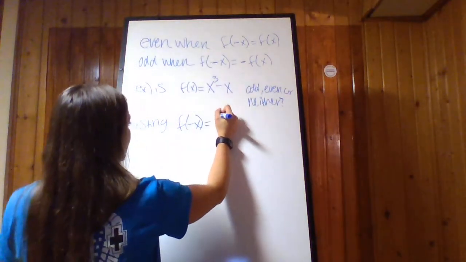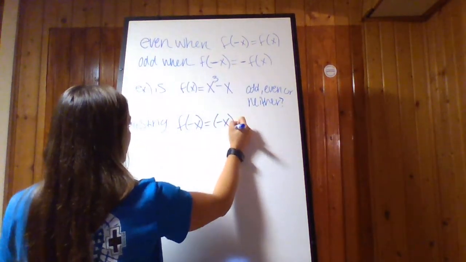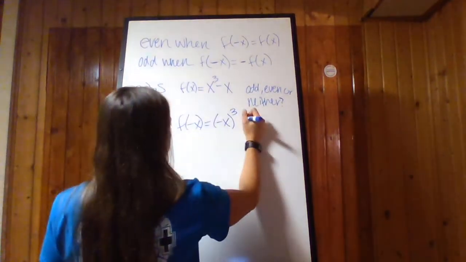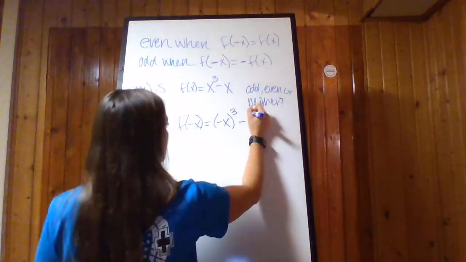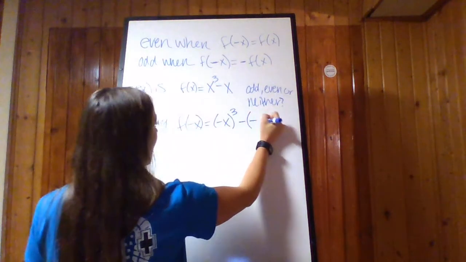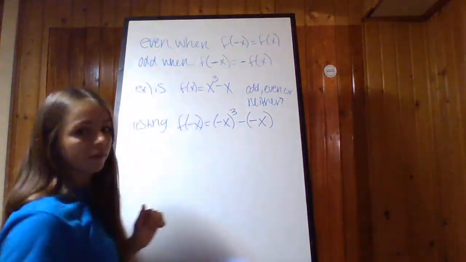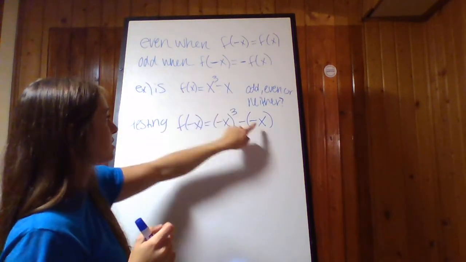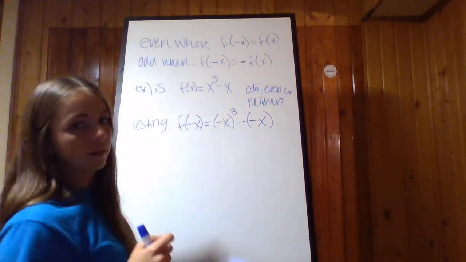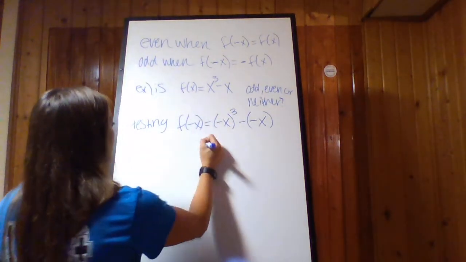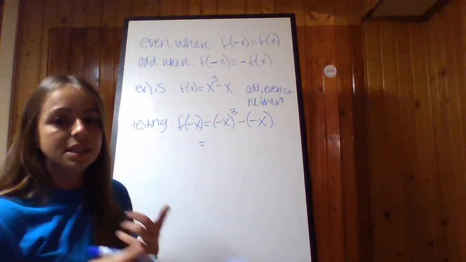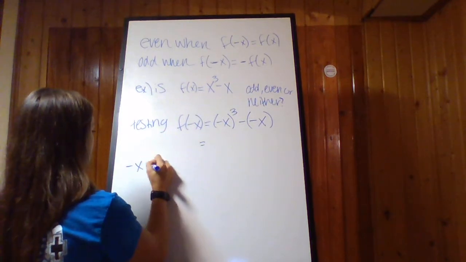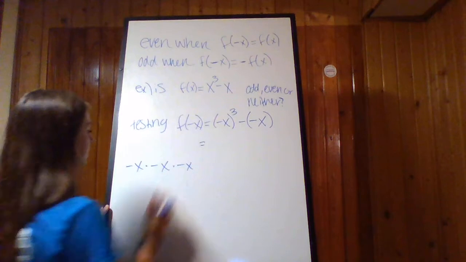So every time I see an x, I put a negative x, but I need to put those parentheses around it because I'm using a substitution. So it's subtracted from another x, so I add in another negative x. Okay, so you can see you replaced x, making a double negative here. Anytime we cube something that is negative, that's the same thing as saying negative x times negative x times negative x.